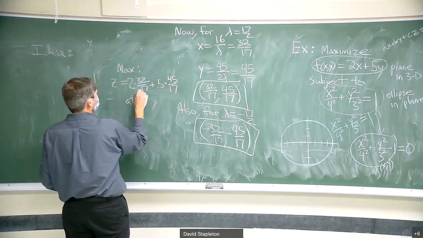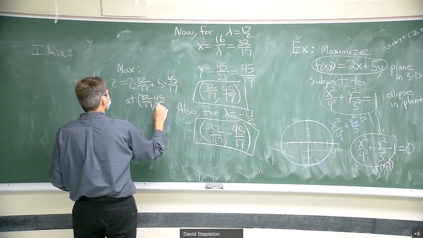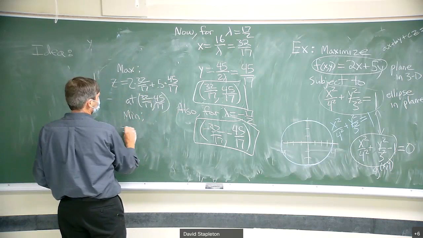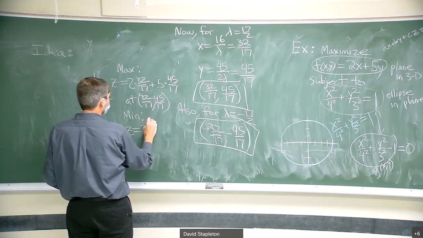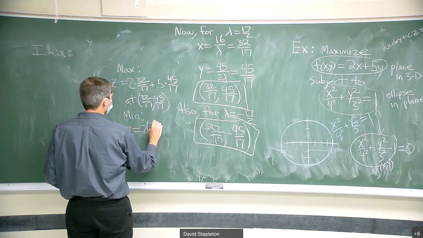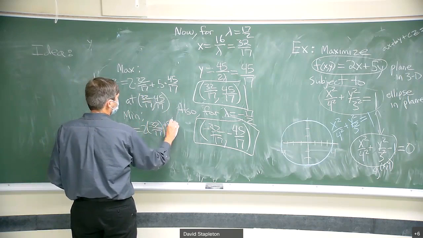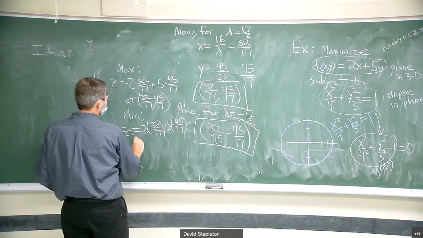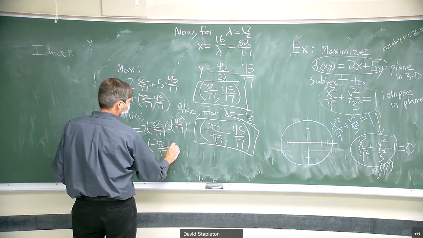It occurs at the first point, 32 17ths, 45 17ths. And the minimum occurs at z equals 2x plus 5y with twice minus 32 17ths plus 5 times minus 45 17ths, and it occurs at the second point. So there's the trick.